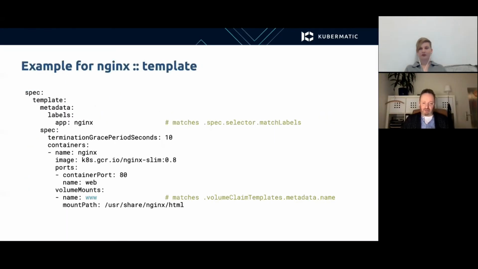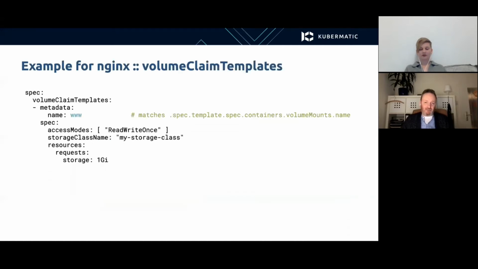So here again, I have the volume mounts, and I set that I want to have a volume, in my case, with the ID www, and it should be mounted under /usr/share/nginx/html. And so now we come to the volumeClaim templates.